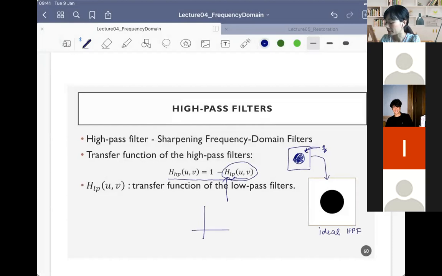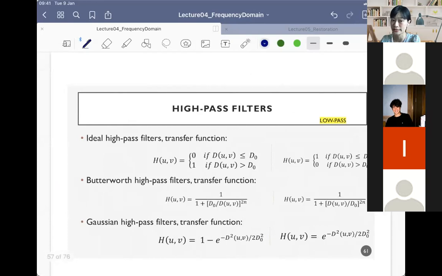All the frequencies here were the ideal low pass filter. When you subtract it from 1, the ones become 0, and all the 0s become 1, right? So it's already flipped. This formula also applies to the Butterworth and Gaussian filters as well.